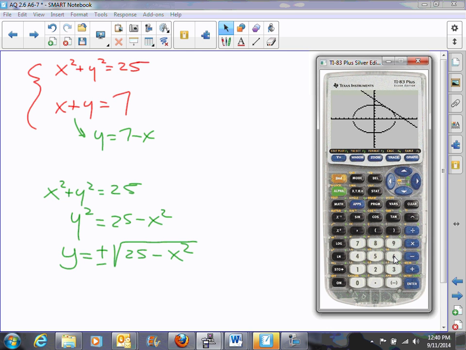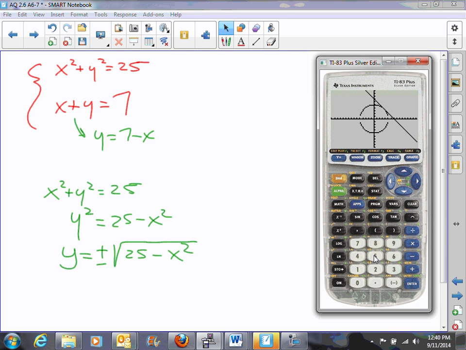It's better if you have something like this to try zoom 4 for decimal, which is okay except it's not quite big enough, or zoom 5, which is zoom square. Zoom 6, zoom 5. Okay, now in that case at least we got the pixels so that the x and y axis are equal.